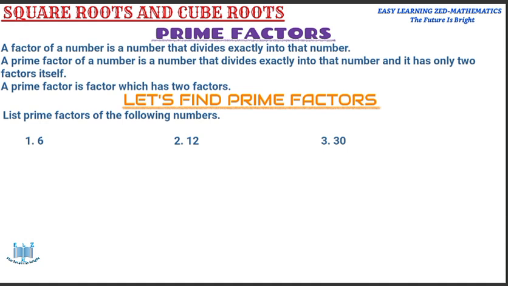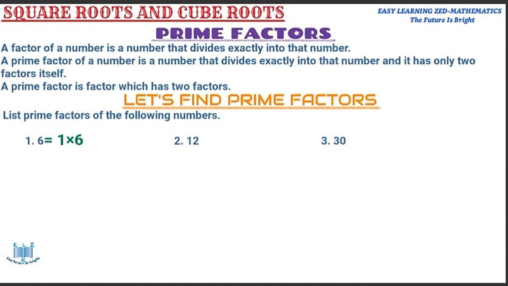So we'll start by pairing them. I'll be listing them in pairs, expressing 6 as a product of two numbers. So we can say 6 is equal to 1 by 6, which will give us 6.